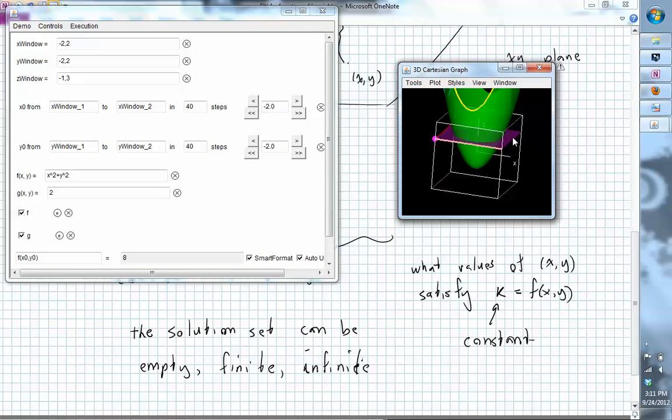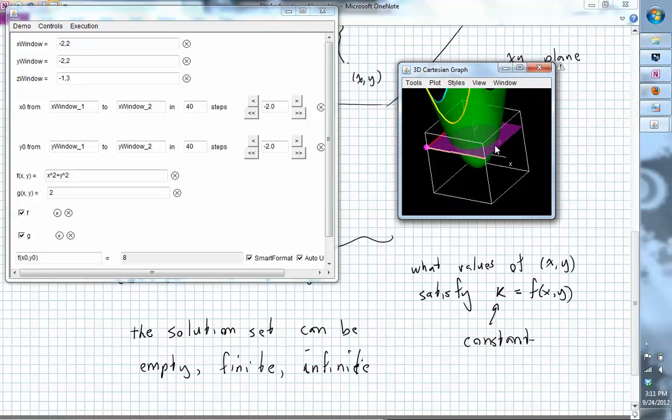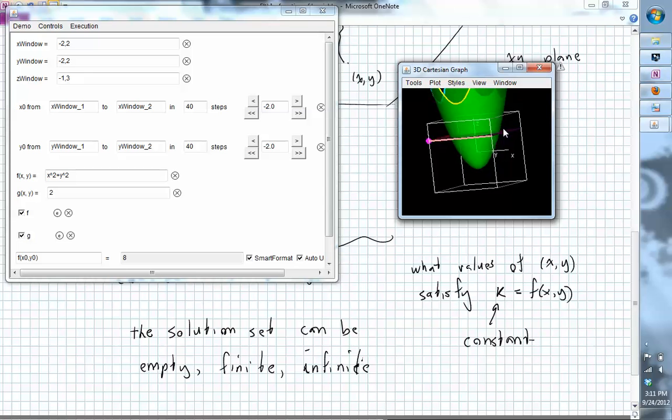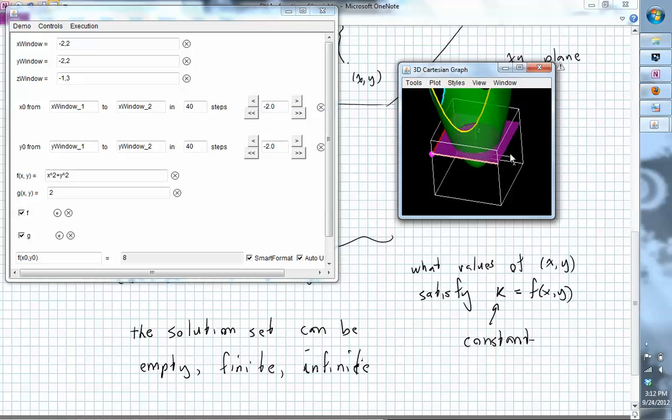G is the purple guy. Green is the paraboloid. And what we get to see now is where these 2 surfaces intersect. What's special about where these intersect is these are all the places on the function where it's equal to what? 2. What does the set of xy values for which the function is 2 look like?